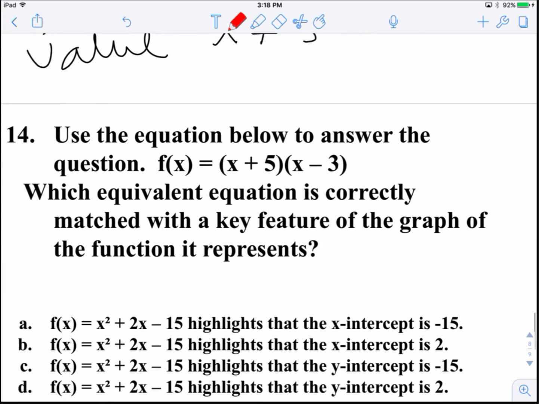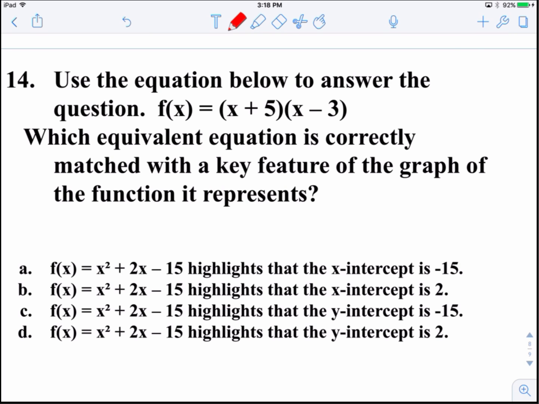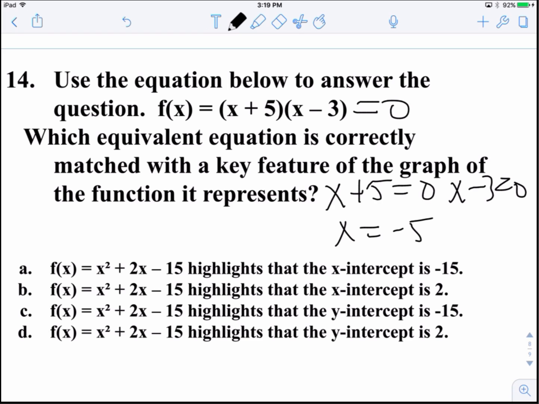Okay, number 14. Use the equation below to answer the question. Which equivalent equation is correctly matched with the key feature of the graph of the function represented? So, for example, we can solve this for when f of x is 0. So this means that x plus 5 equals 0, or x minus 3 equals 0. So we have x equal to negative 5 or x equal to 3.